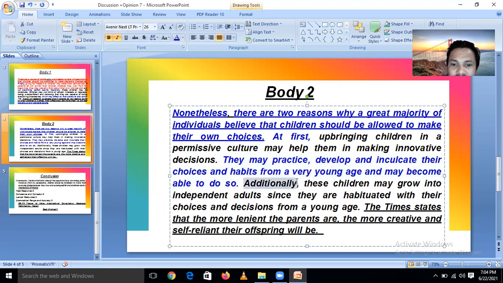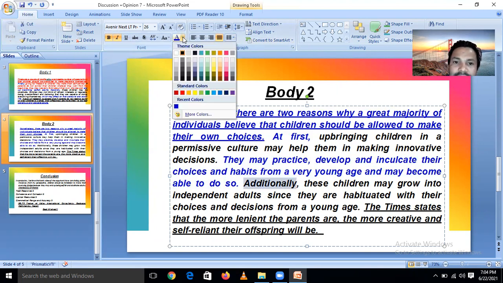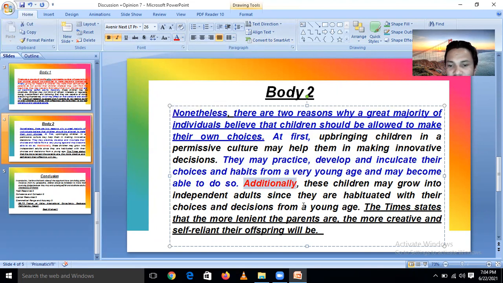Then additionally, second point, these children may grow into independent adults. Why? Since, meaning because, they are habituated with their choices and decisions from young. They are used to this set of habits.